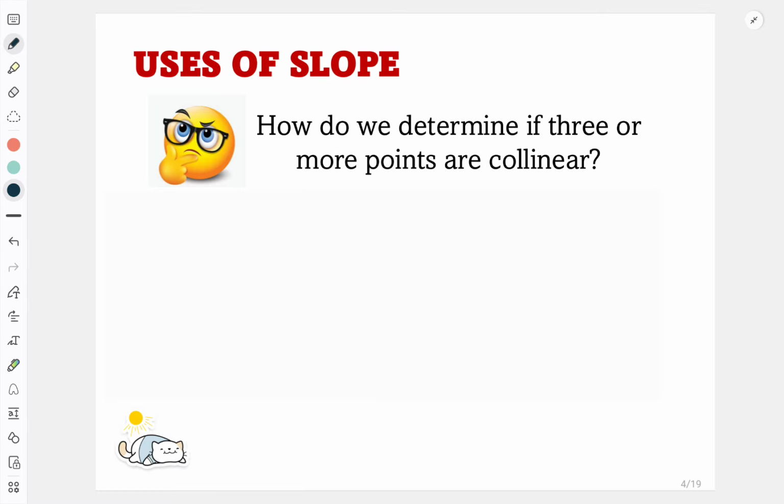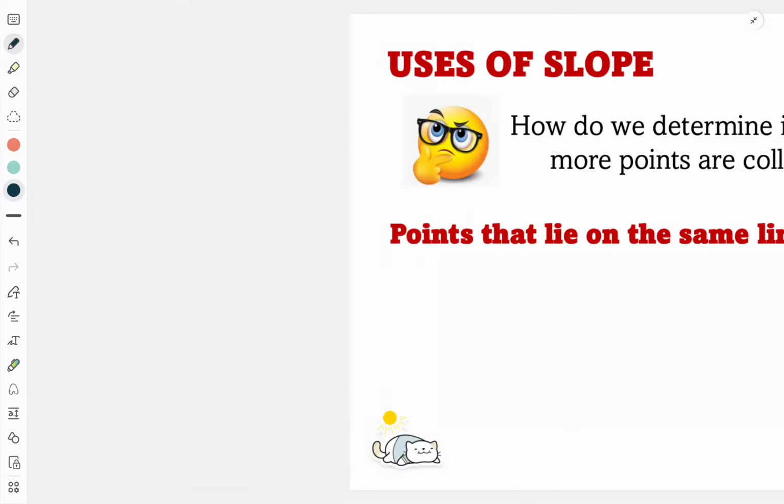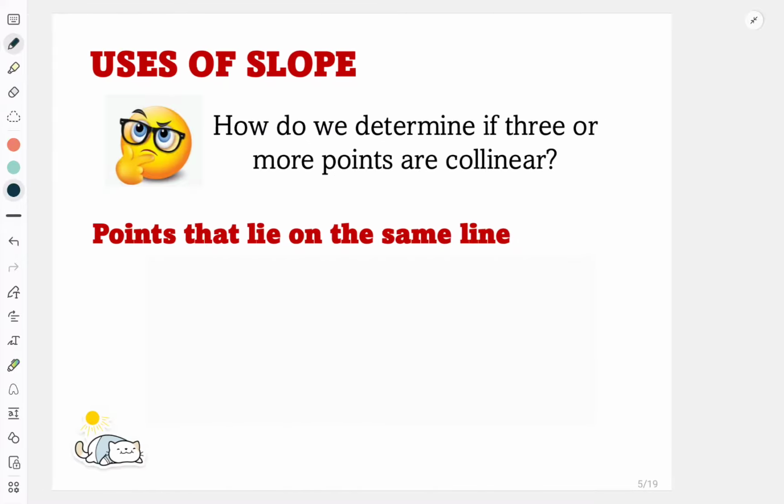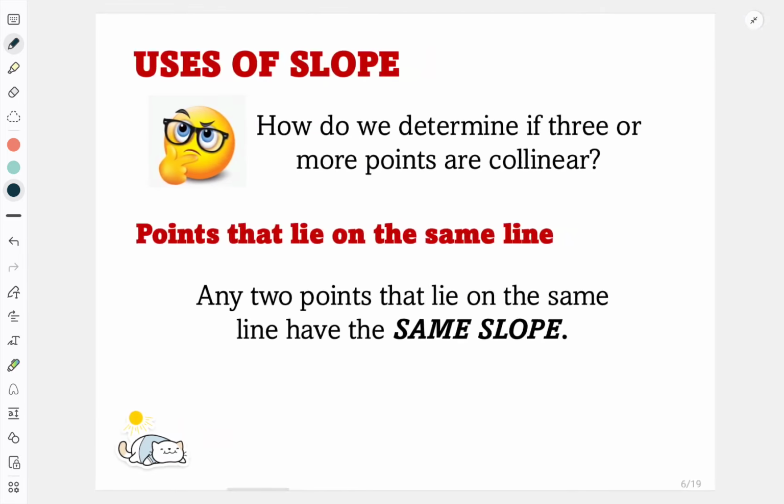So, how do we know if the given points form a straight line or are collinear with each other? We just have to remember that if the given points lie on the same line, they must satisfy this particular condition: any 2 points that lie on the same line have the same slope.